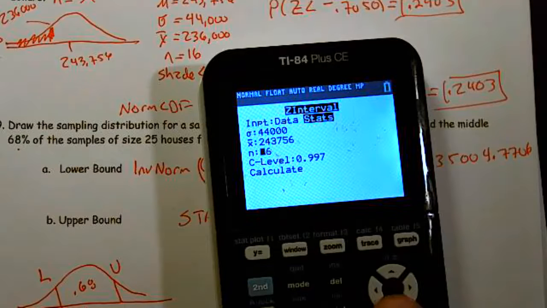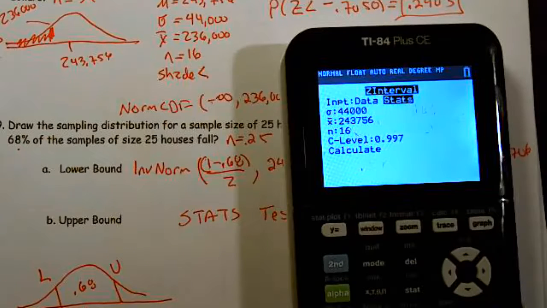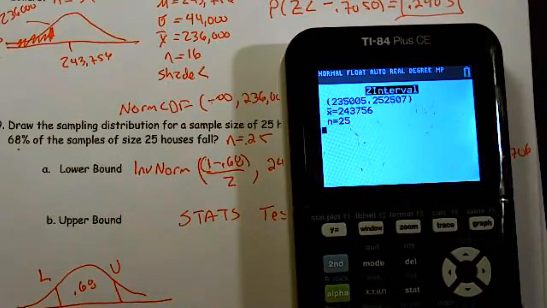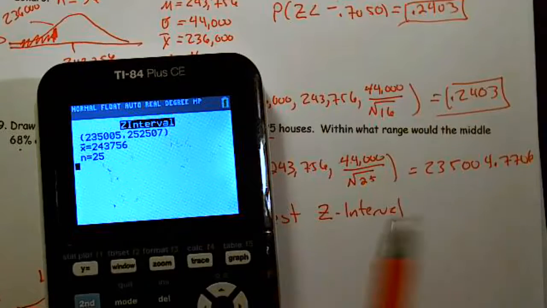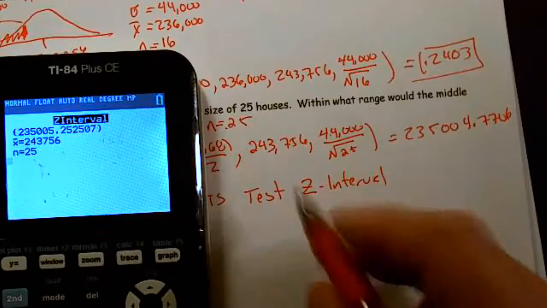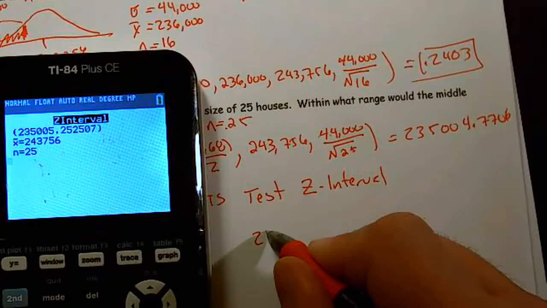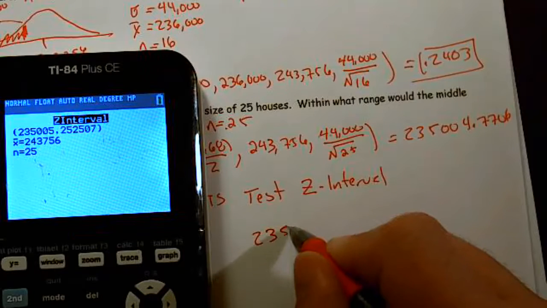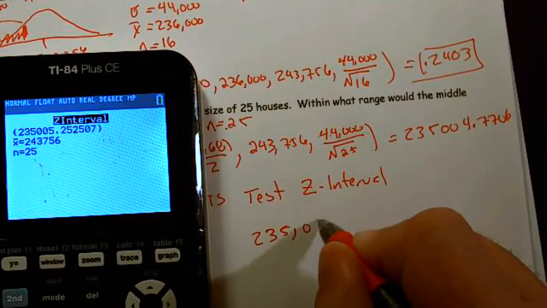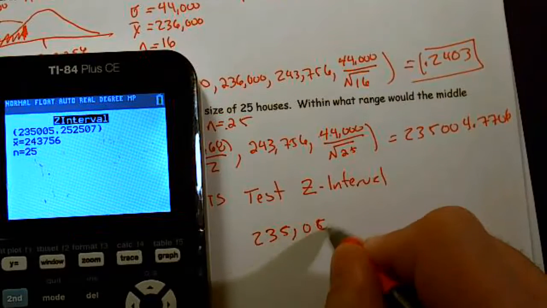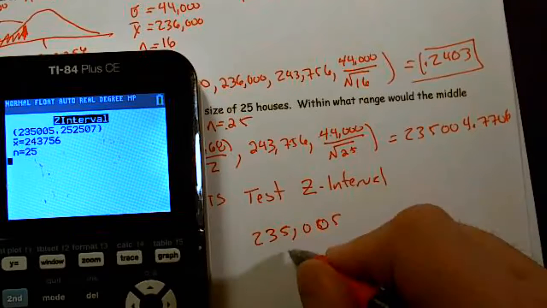Our sample was size 25, and we're using a confidence level of 0.68. And there, right there, we have our answer. All right. And we just go to the number of decimal places they have. So our lower bound, 235,005. So this is your lower.